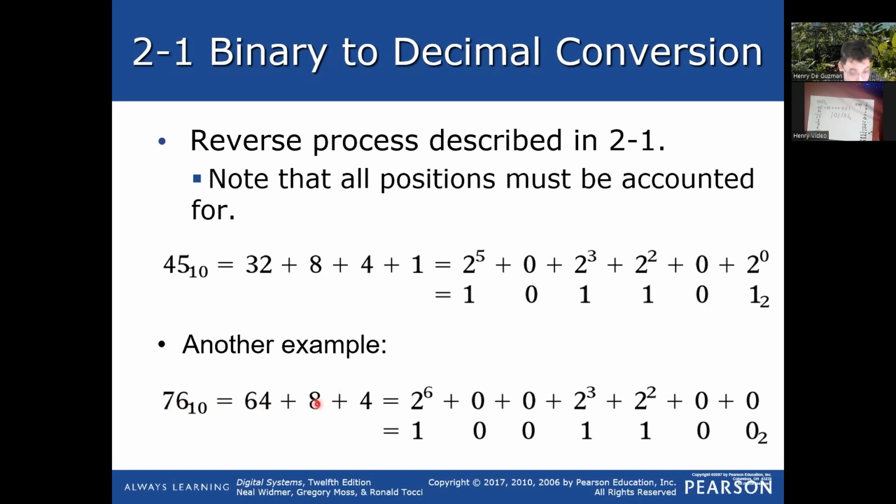So plus 8, right? And then 12 minus 8 is 4. So it's exact. So 64 plus 8 plus 4. So this is what happens: no 1, no 2, there is 4, there is 8, no 16, no 32, but there is 64.